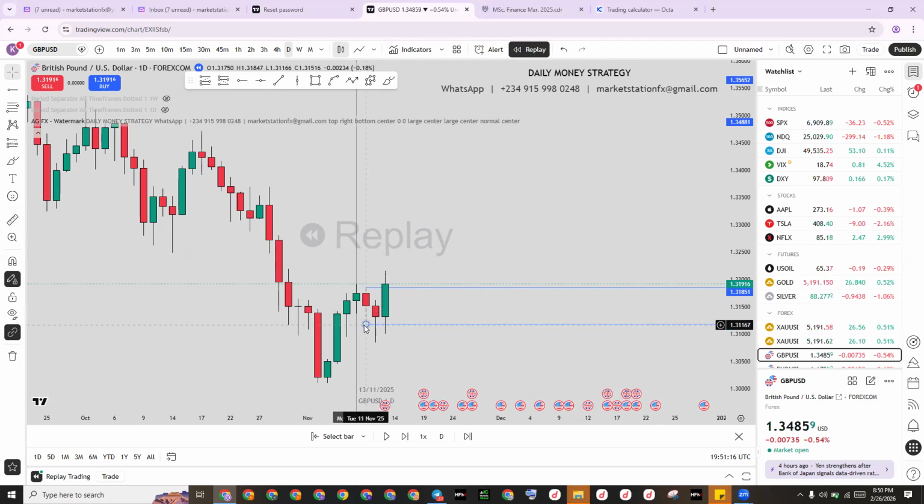Did he sweep the low or not? Yes. After sweeping the low, it will close. A bullish candle can do this too. So forget about whether it's bearish or not. This guy swept the low, and after sweeping the low, it will close.